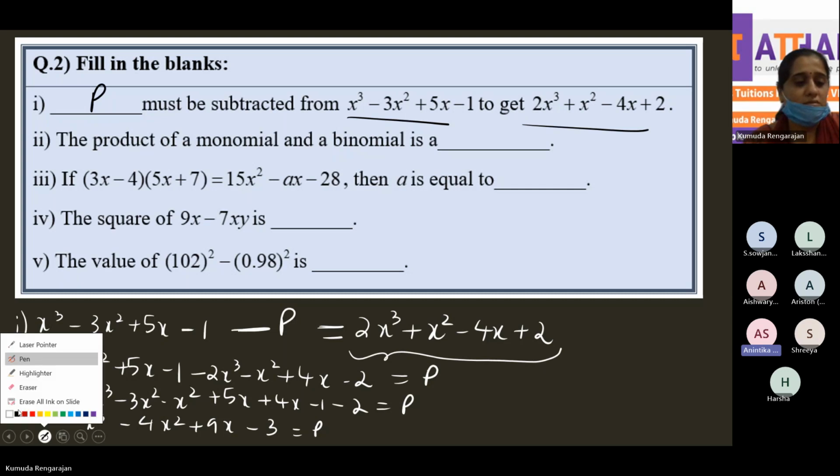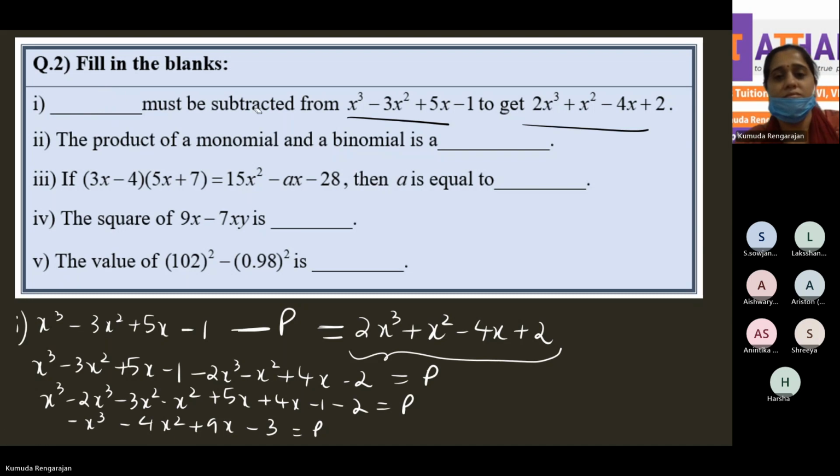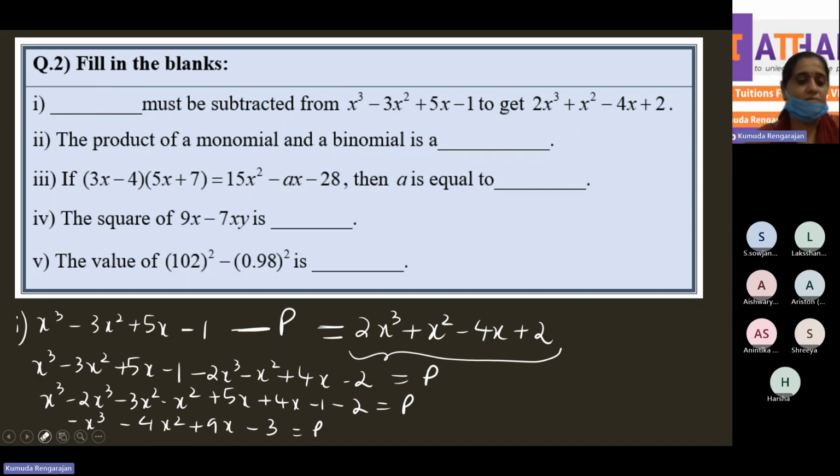You will have to change the signs on both the sides. Yes, ma'am, I did it. Okay.